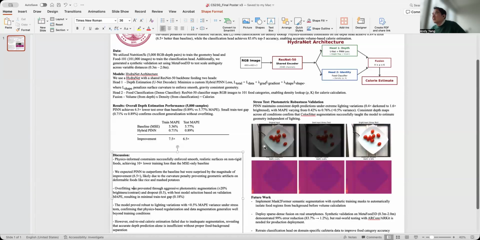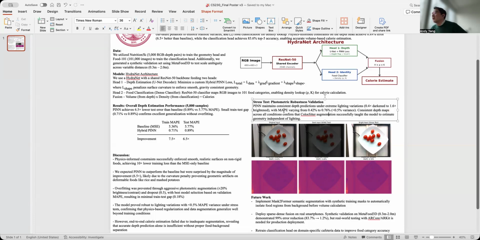I also did the stress testing. On your right here are the pictures of the stress testing that I did. I again used the same technique of adding the photometric augmentation to the data. This time it is more extreme, so 0.4 to darken the light and 1.6 to brighten the sample. You can see here, the first picture is the original, the second one in the middle is the darkened one, and the third one is the bright one.